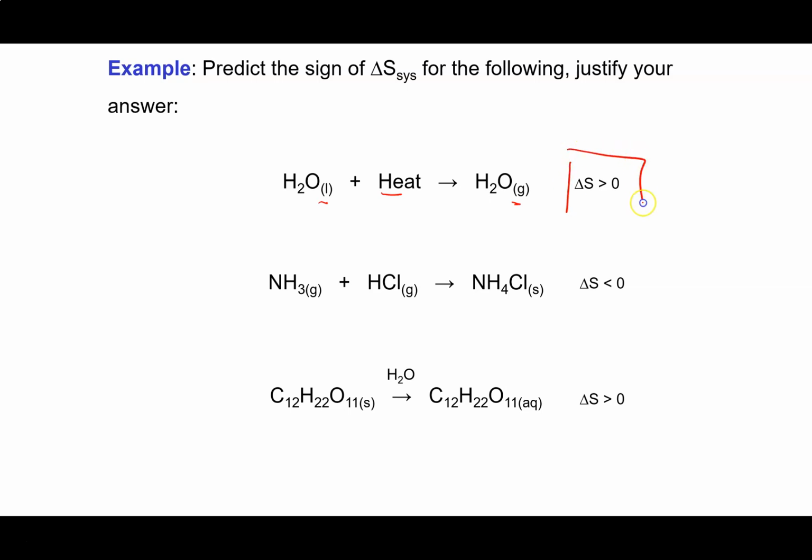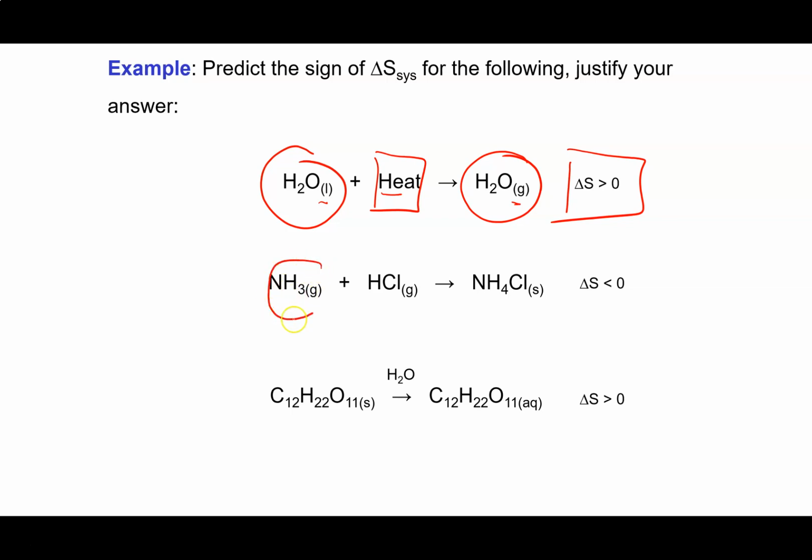Now, I would predict that this will be a delta S positive process because the gaseous water is going to have a lot more freedom of motion than the liquid water. Additionally, we took in a bunch of energy, and that's going to make the particles in my system have more kinetic energy, be moving around quicker. So I'm pretty confident that this is going to be a delta S positive process, and I could justify that.